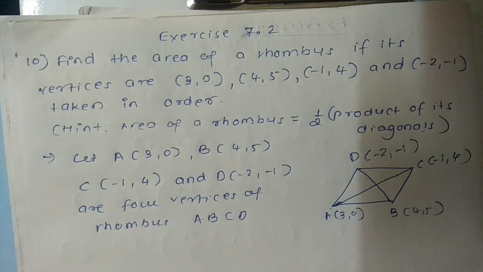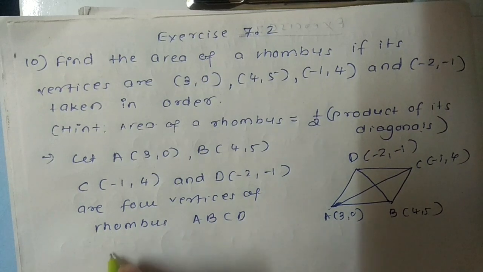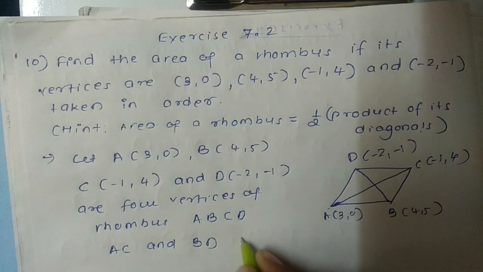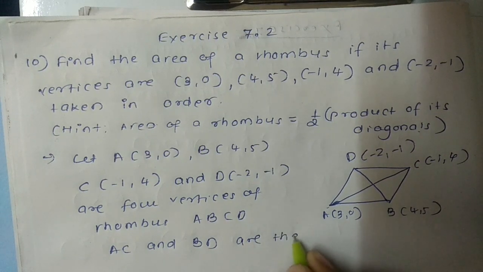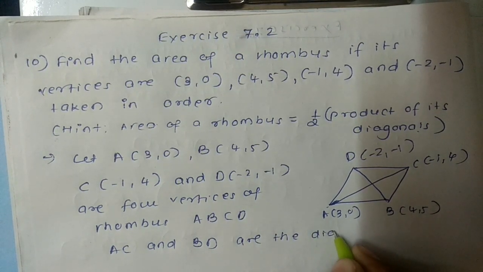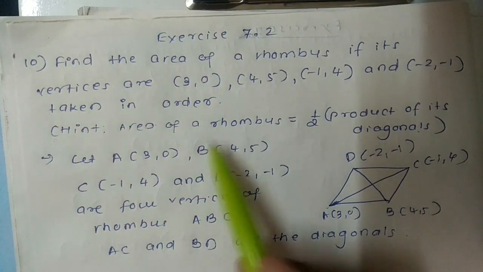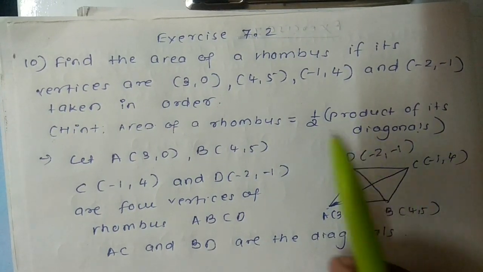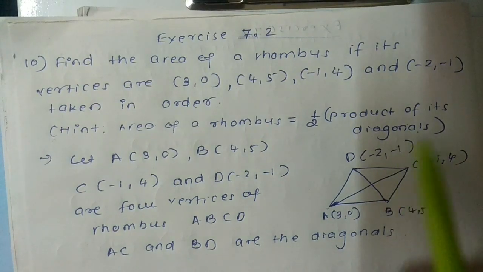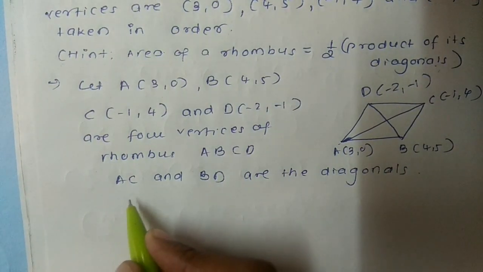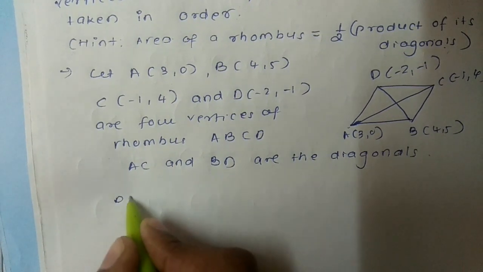So AC and BD are the diagonals. As we know the formula, we must find half of the product of the diagonals, so we must find the lengths of the diagonals using the distance formula.